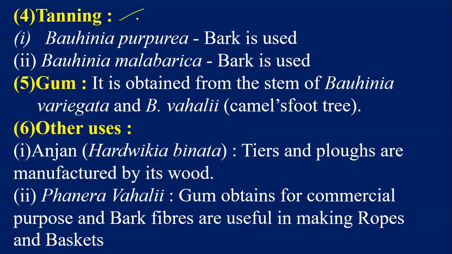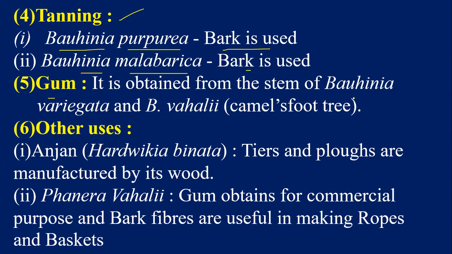Then some plant species are used in tanning industries, leather industries. The bark of Bauhinia purpurea is used in tanning industries. The bark of Bauhinia malabarica is also used in the field of tanning industries. Then gum, what is the name of the gum? Try to remember.